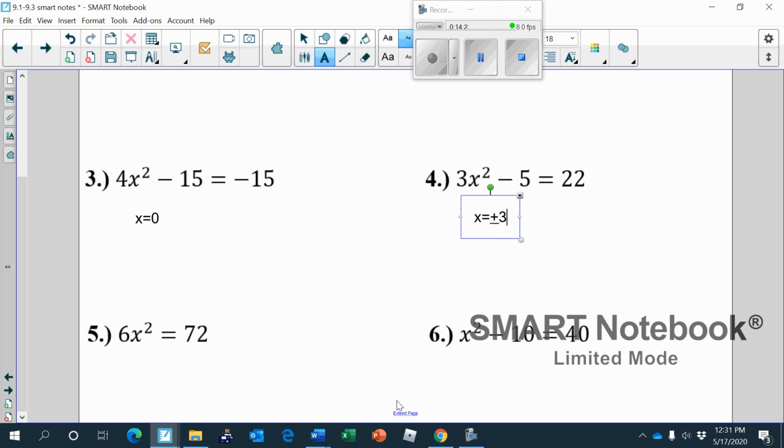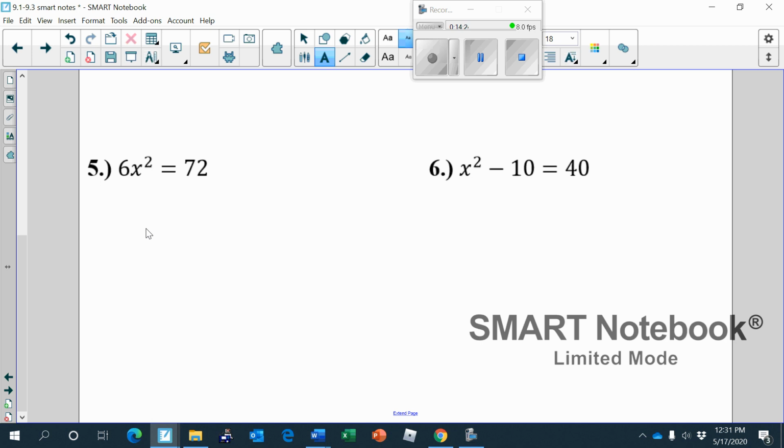For try number 5, we divided by 6, and x is equal to plus or minus 2 root 3, because it was the square root of 12, which simplifies to 2 root 3.